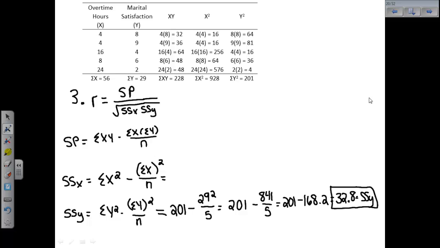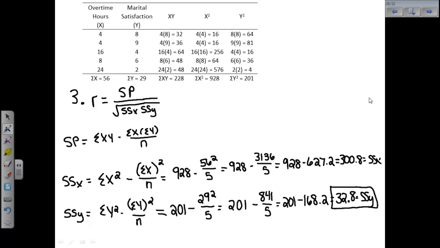All right. Sum of x squared, found that to be 928, minus sum of x, 56 squared, divided by 5, our n. This becomes 928 minus 56 squared is 3,136 divided by 5. This becomes 928 minus 627.2. And then that final calculation is 300.8. That's my sum of squares x.